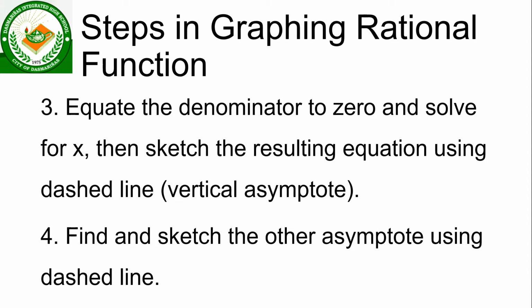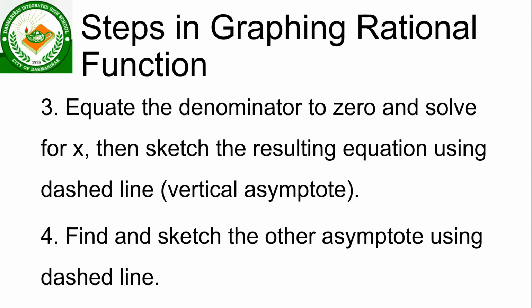Okay, this process is also the process in how to determine the vertical asymptote. And if we're going to recall, this is the step in how to determine the vertical asymptote, as I have said on the previous slides.